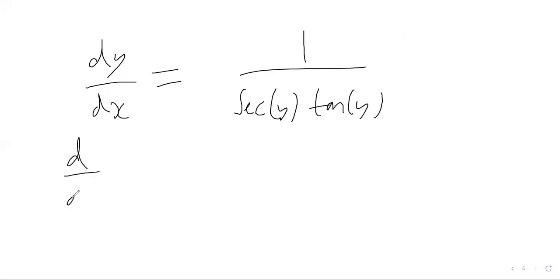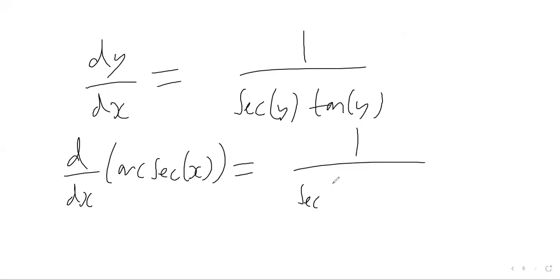In other words, when we differentiate arcsec of x with respect to x, we get 1 over sec y times tan y. But we want to differentiate a function of x, and we've got an answer which is a function of y.